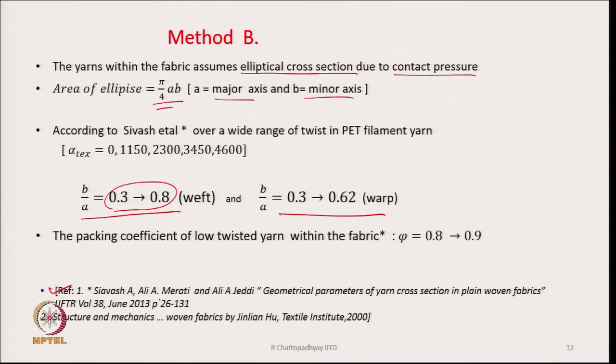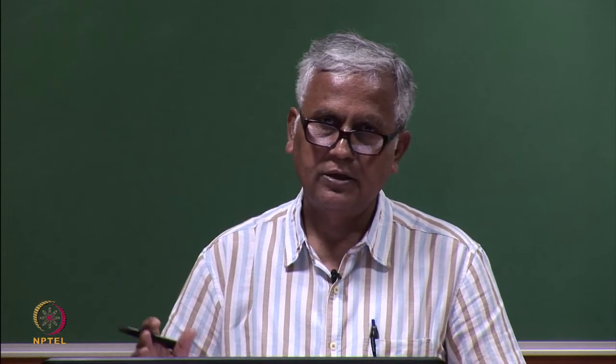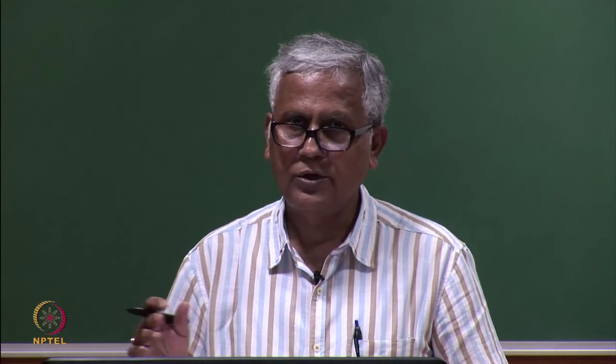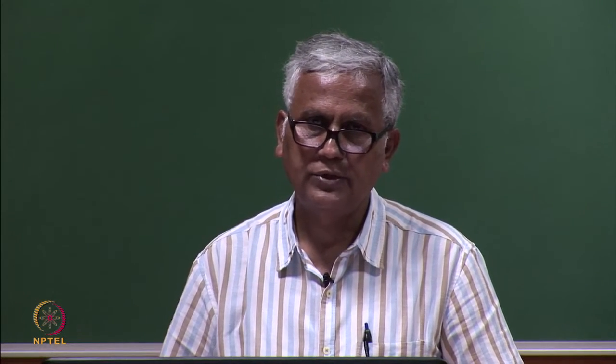If there is no change in shape, the yarn remains round even within the fabric, then the ratio of B by A is going to be 1. So, 1 basically means the yarns are round in shape within the fabric, and the lesser the value, the more elliptical it is.